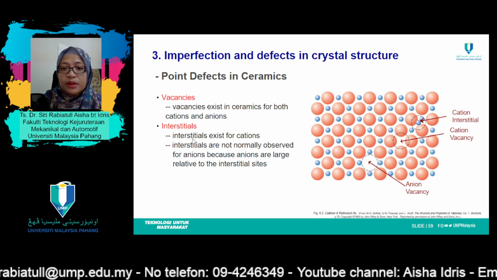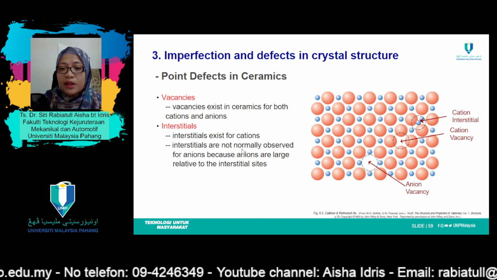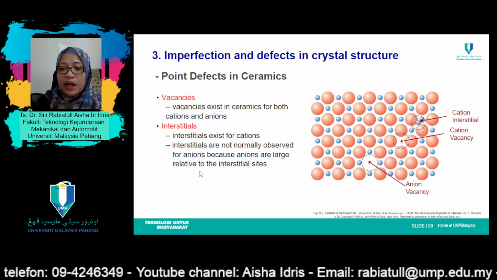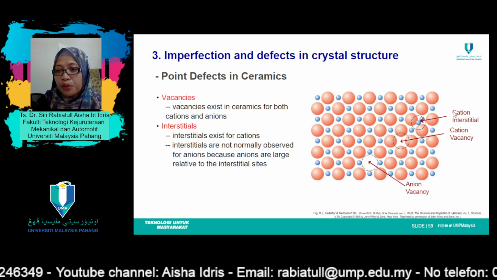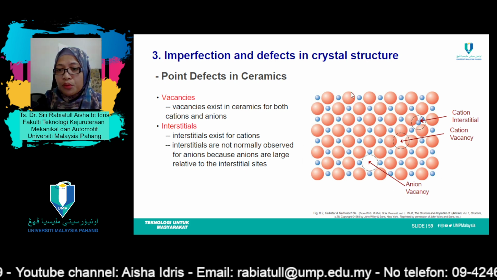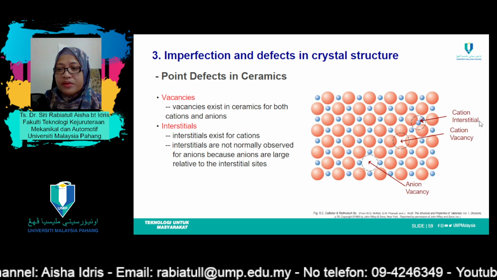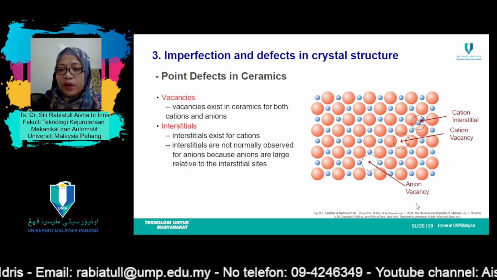The same goes for interstitials, which exist for cations. Interstitials are not normally observed for anions because anions are large relative to interstitial size. So you can refer to this figure here: the cation interstitial, cation vacancy, and anion vacancy.